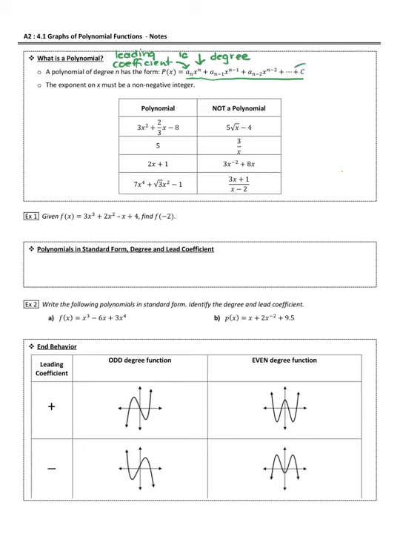And notice this plus c. If you remember from quadratics, the plus c always represented sort of our y-intercept, which it will also represent in any other polynomial, because when you let x equal 0, that is the constant that still remains.